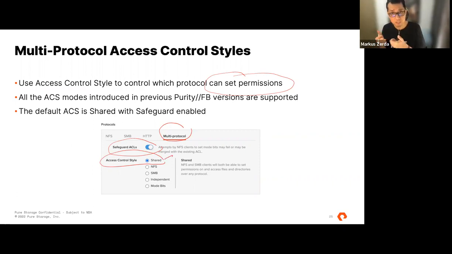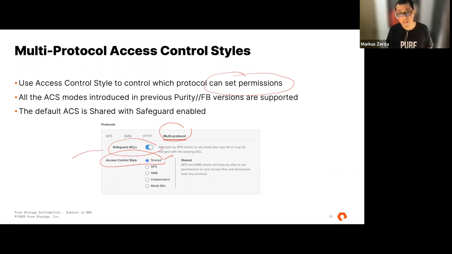Last permission change always wins. So if I'm a Unix user and I change the permission, the Windows user will see it. Same thing if I'm a Windows user and I change the permission, the Unix user will see it.